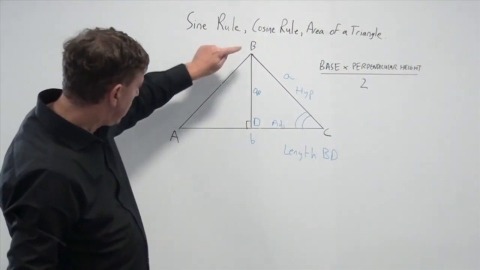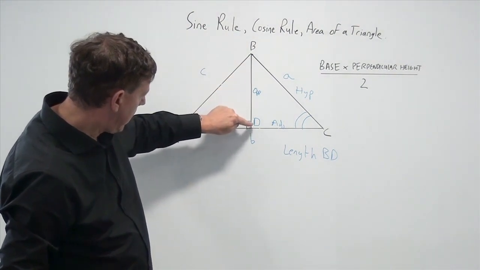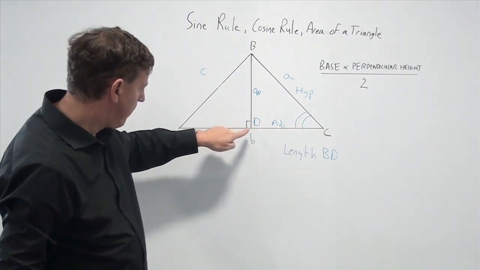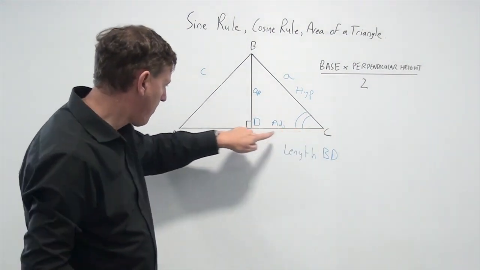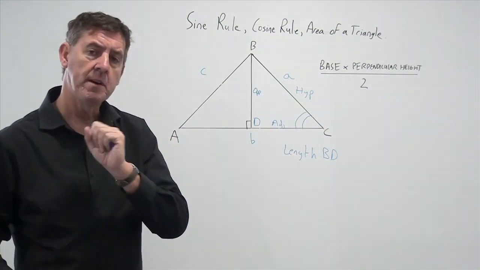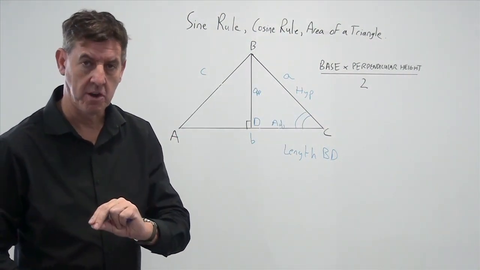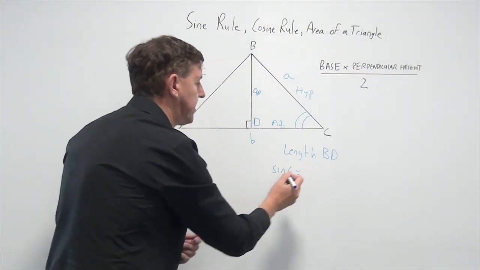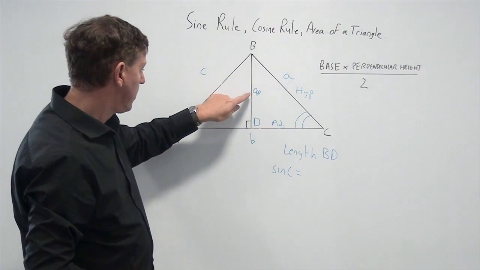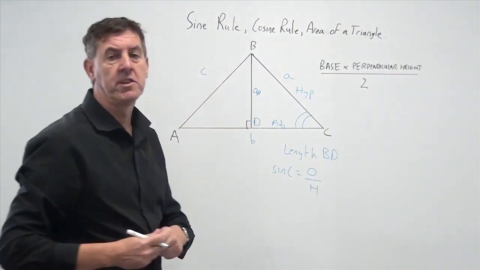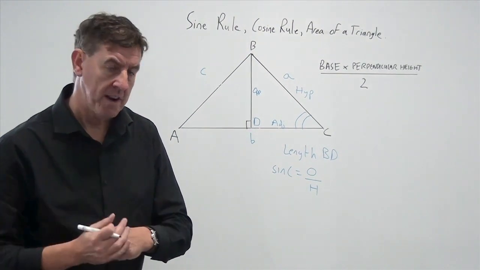Because I want to calculate this side, and I have got this side, remember you haven't got this full length to here. You've got the length all the way across is letter B, but you haven't got that length. So the ratio I'm going to use is the sine ratio. So the sine of angle C is equal to the opposite side over the hypotenuse side. Which one am I trying to calculate?